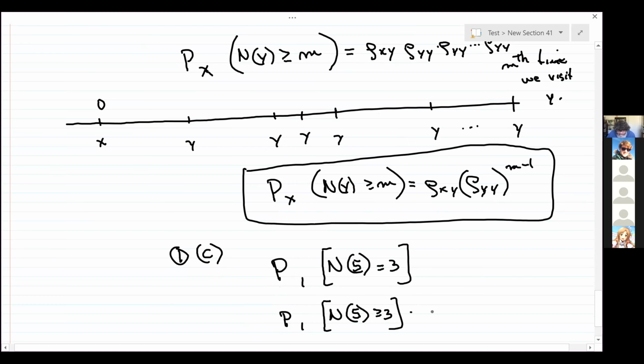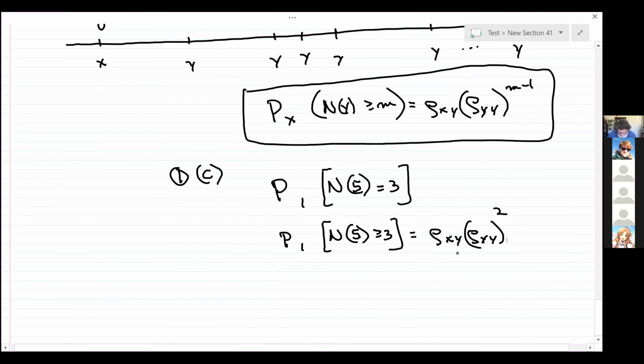So it would be rho xy times rho yy to the n minus 1. So if they'd asked us this from what we just did in class, this would be the answer. But now the question is, we don't want greater than or equal, we want it to be equal.